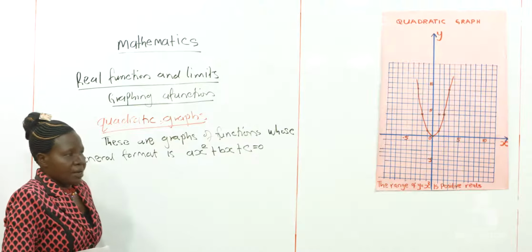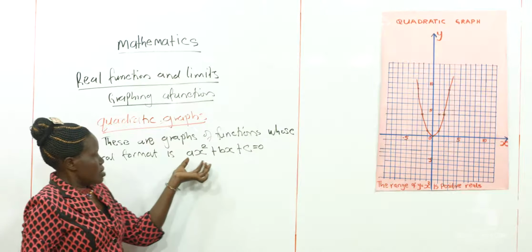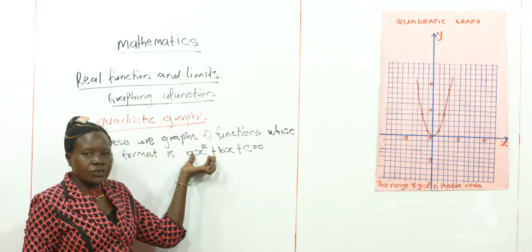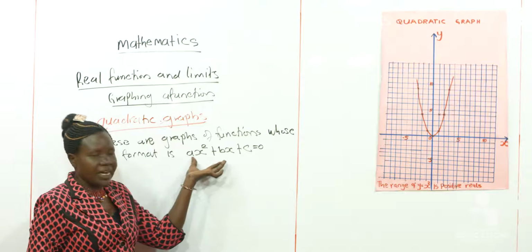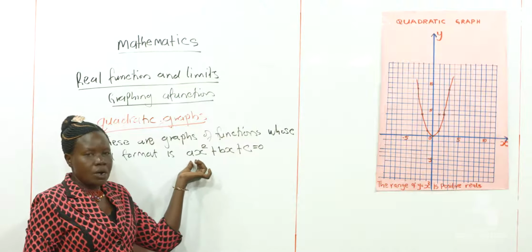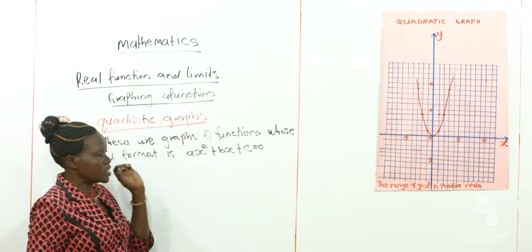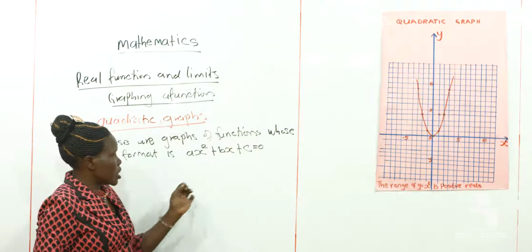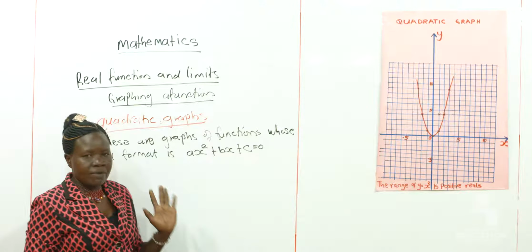With the quadratic graph, you will find that the functions appear in this nature. You will have the first term consisting of the square, which is the power of 2, and then the second term will also contain the variable, and then we have the constant.